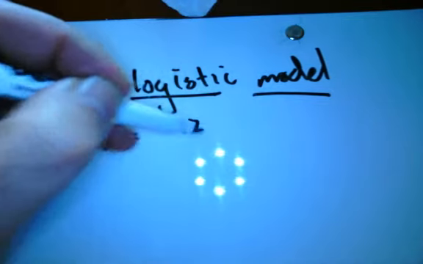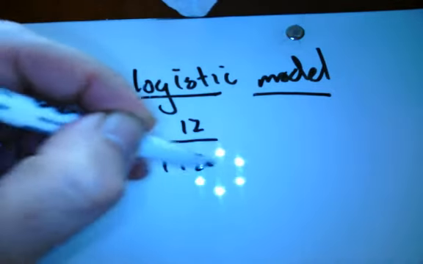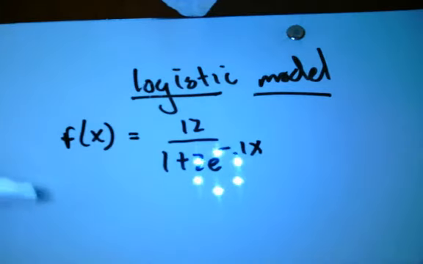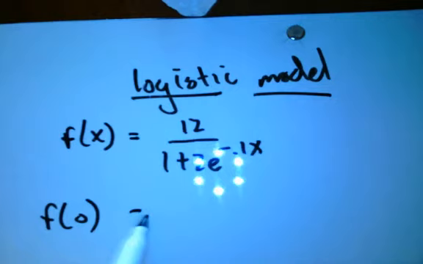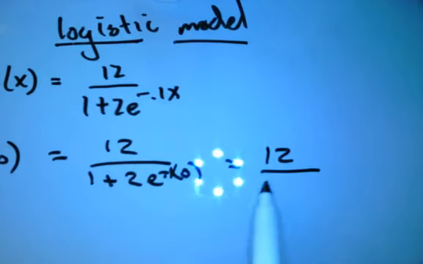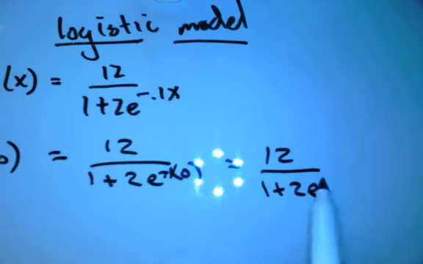I've got a function here, f of x equals 12 over 1 plus 2e to the negative 0.1x. And I want to know f of 0. Well, to find f of 0, I'm going to plug a 0 in for the x's.